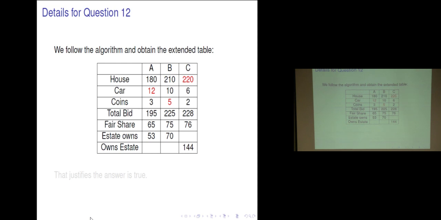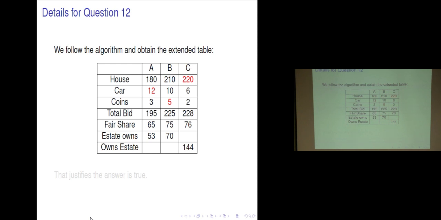So C gets the house, A gets the car because 12 is the highest bid, and B gets the coins. Then we calculate the total bids for each person. You add the numbers up, and then divide by 3. These are the fair shares based on their evaluation. Hopefully the numbers are correct.